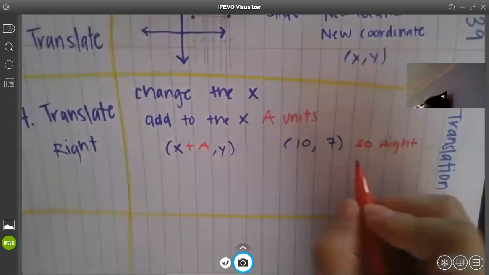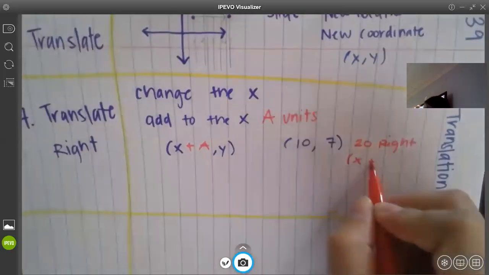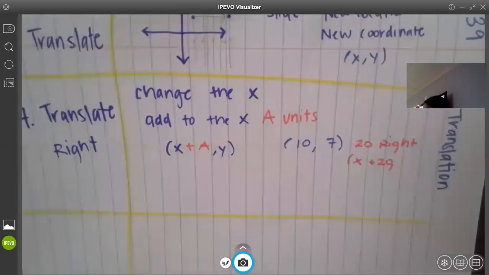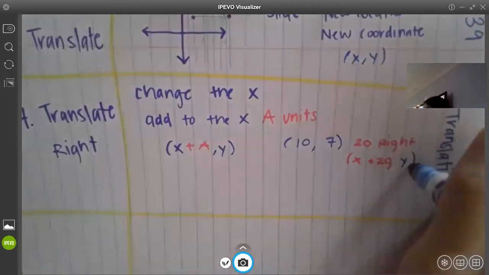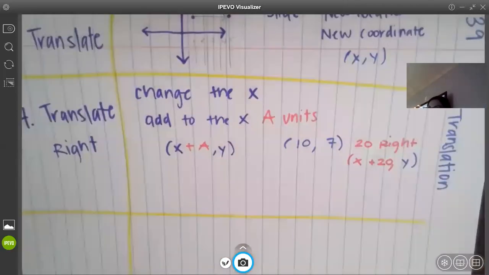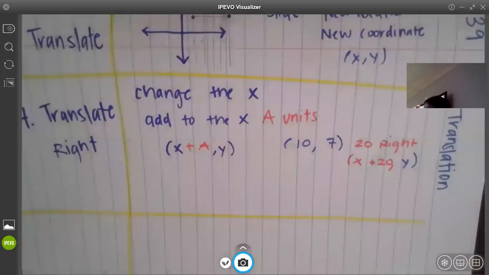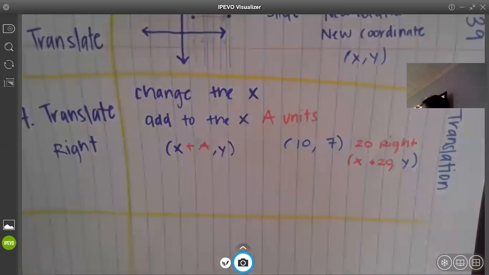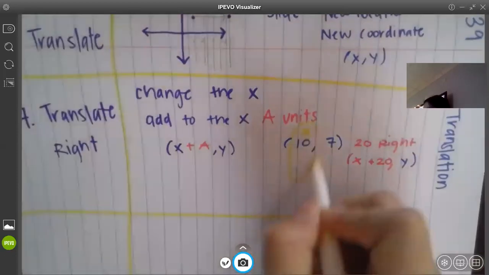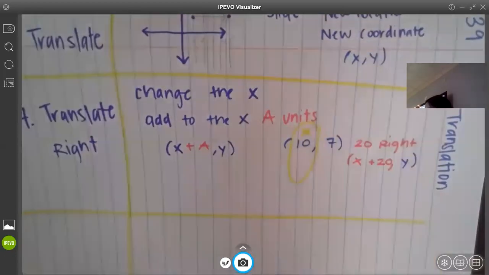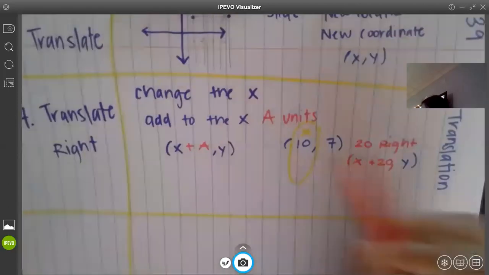So that would be X plus 20. You're going to see that on your translation practice, and nothing's going to happen to the Y. So to the X and the X only, the first number, I'm going to add 20. So 10 plus 20 is what, Ruxar?